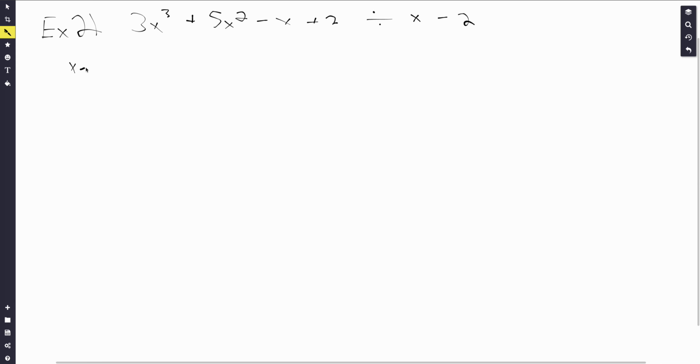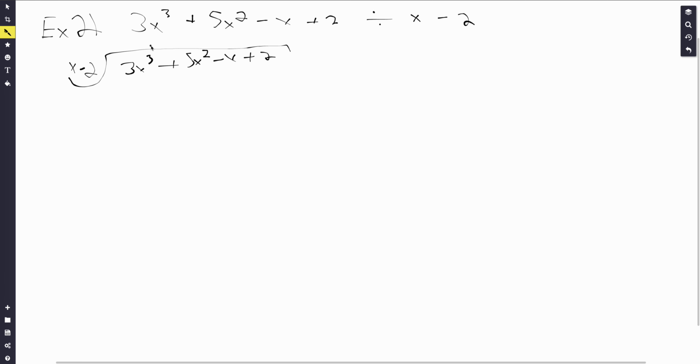So remember, the x minus 2, or the divisor, goes right here, and then the dividend, this top part, goes right here, so that's 3x cubed plus 5x squared minus x plus 2. Make sure you give yourself enough space to do this division, because you'll need it for both the top and to fit the polynomial.